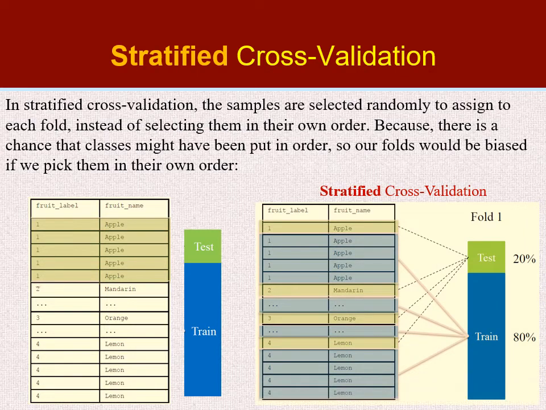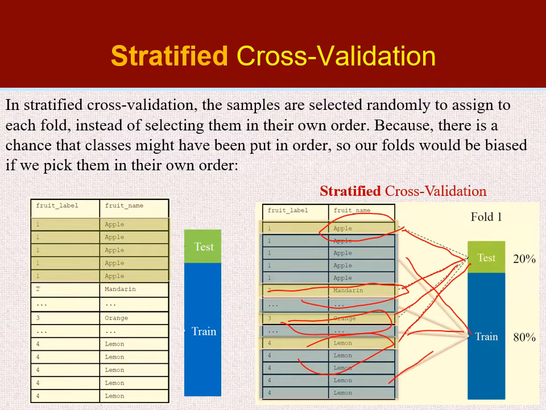As you see here in stratified cross-validation, instead of going with order, we're going to randomly pick which folds for test and which folds for training. So here, for example, we're going to pick one apple for test one time. We're going to pick another data point here for test, another random for test, another random for test, and then we're going to assign the rest for training.